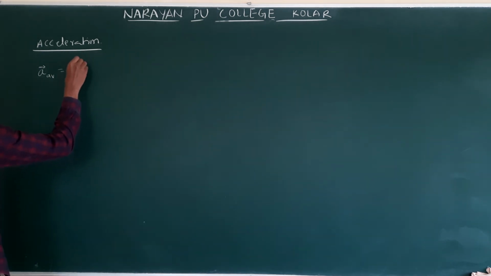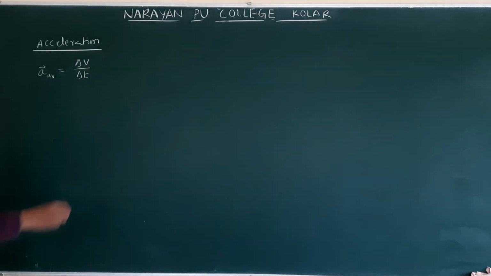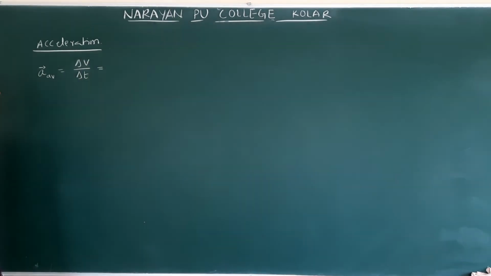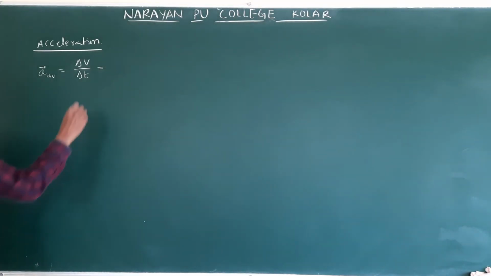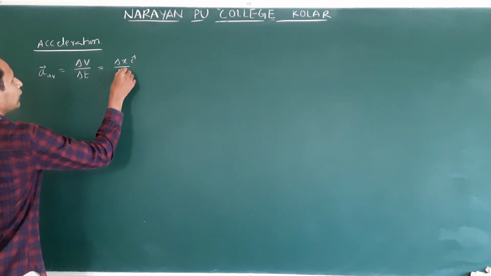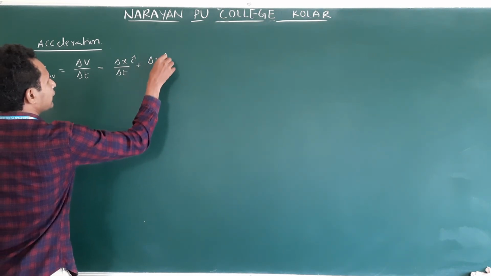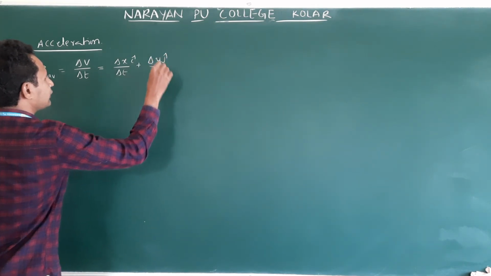So this we will write delta v by delta t. Clear? Understand? So what is delta v vector? This we will write as delta x i cap by delta t plus delta y j cap by delta t.